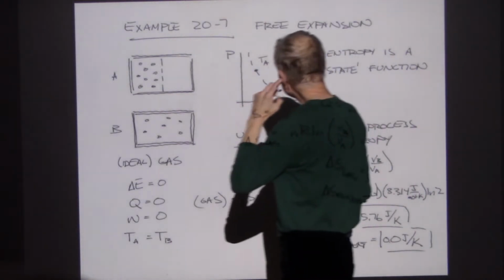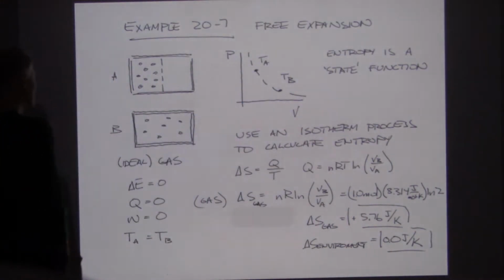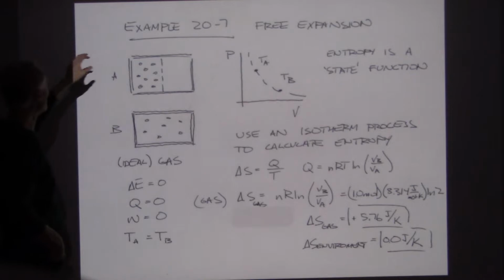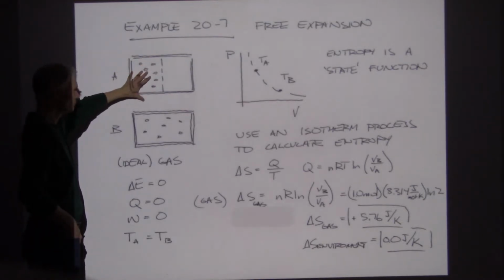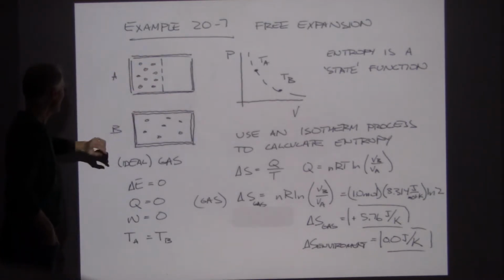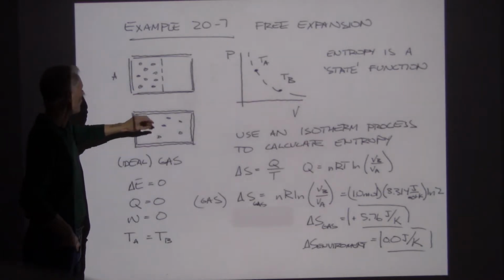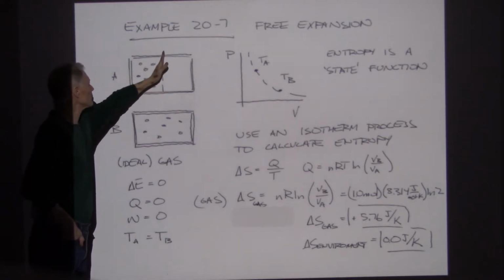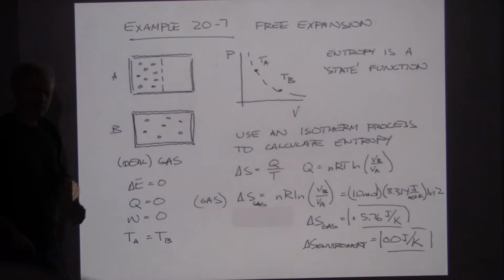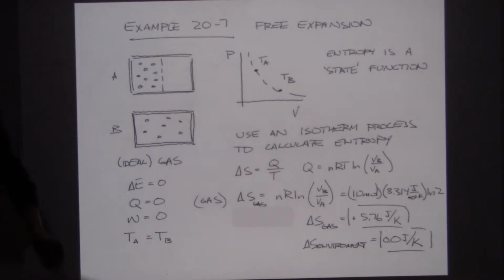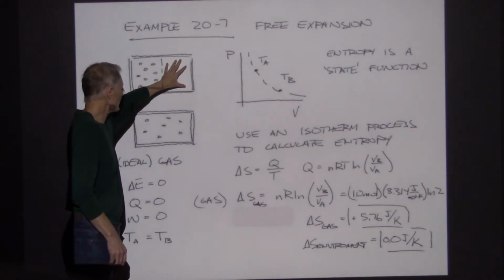So here is the diagram. So here is my sample of gas molecules, and what I've done is I've got a container here. I've put a barrier so that all the gas molecules have to stay on one side of the container. And then in order to have a free expansion, what we want to do is have nothing over here.